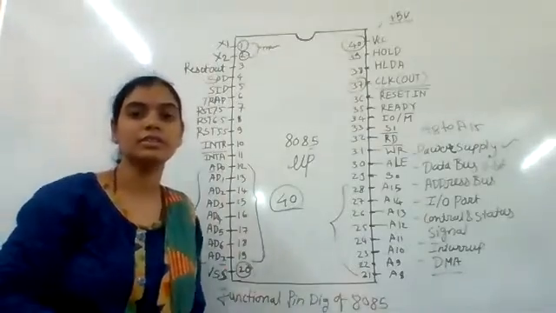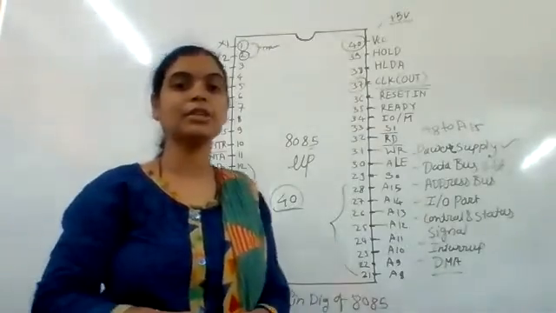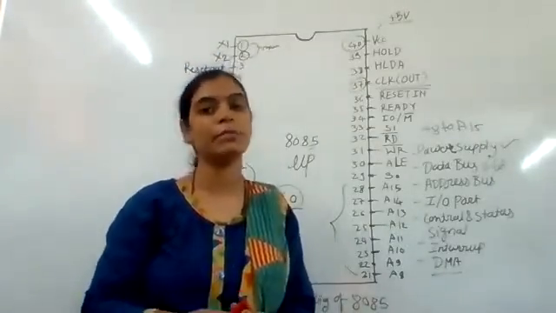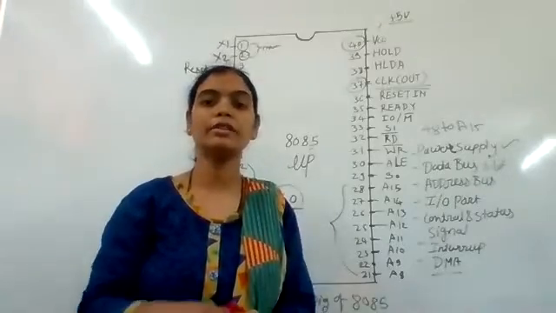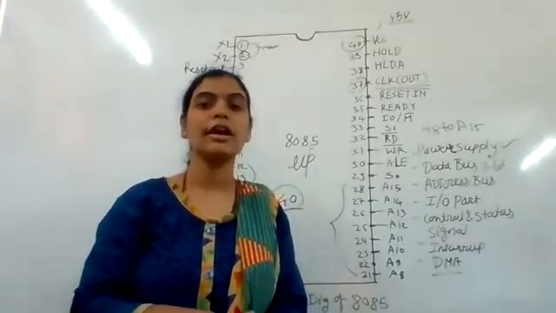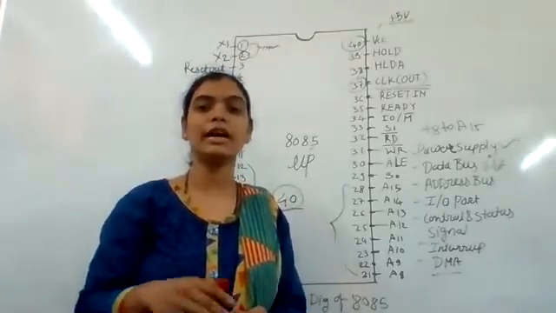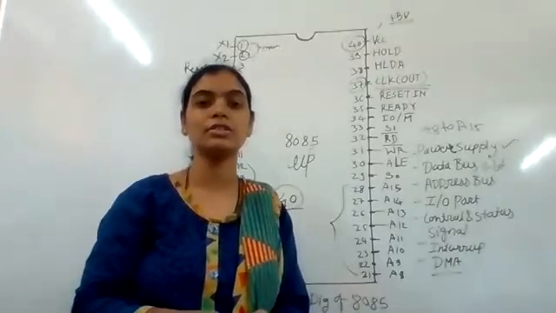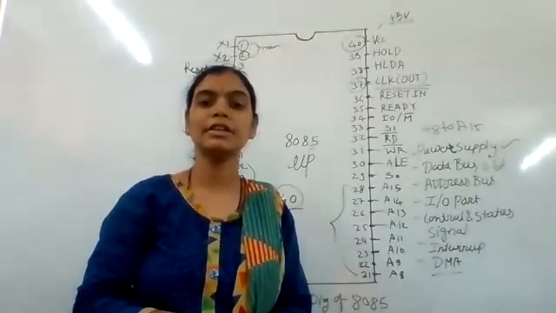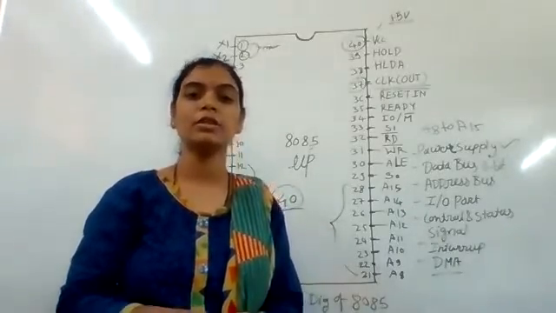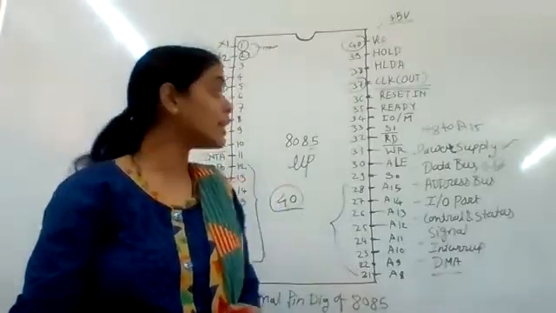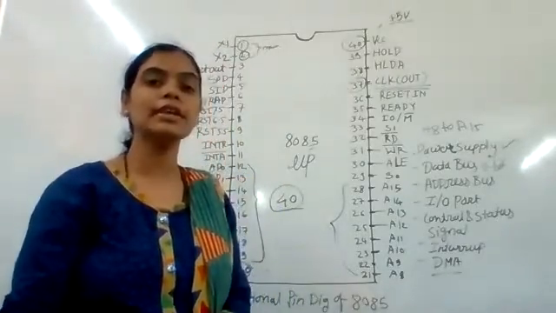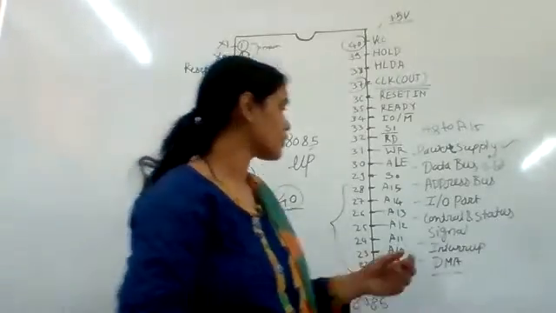We have already discussed that the address bus contains the address of the desired memory location from where the data or instruction is to be fetched, while the data bus contains the data or instruction that needs to be fetched from memory.